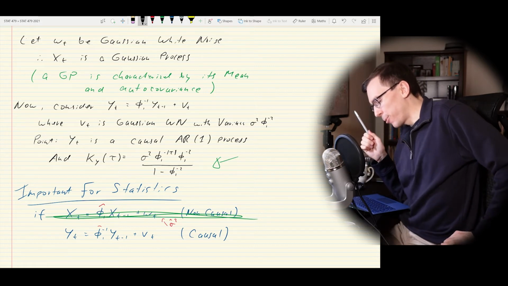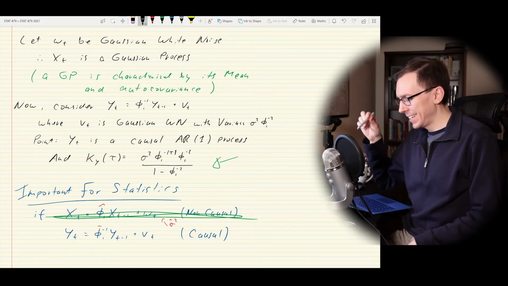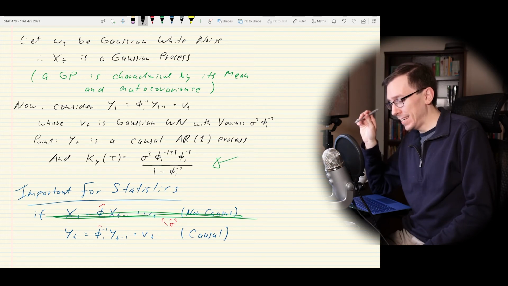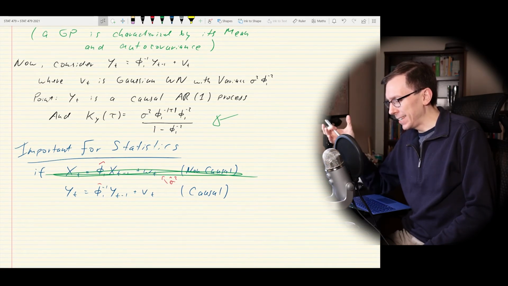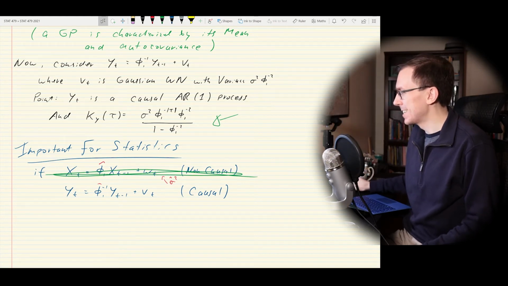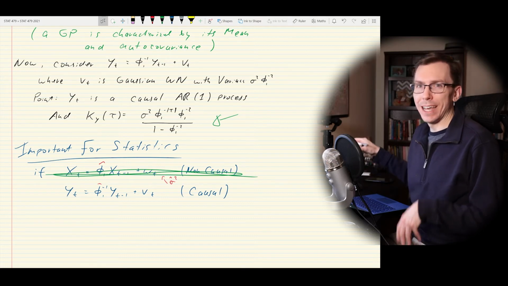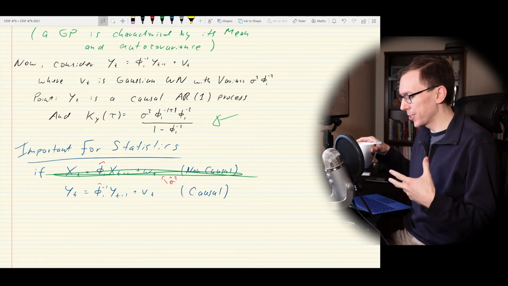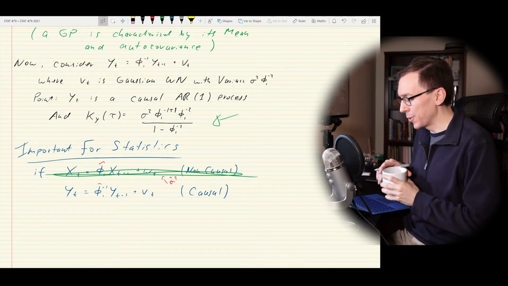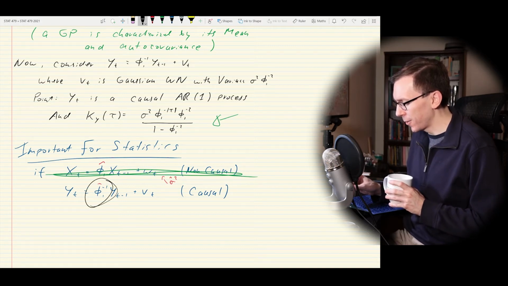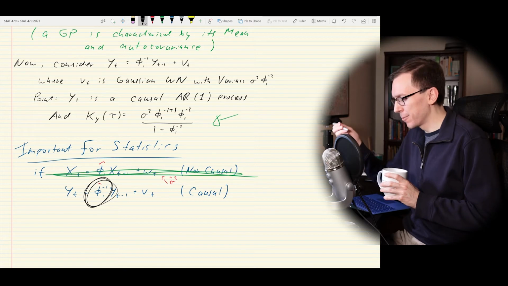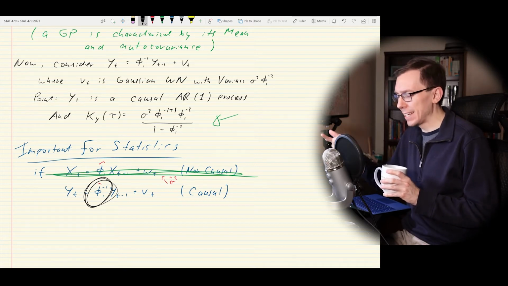But that's just an important little note to take into account, because it is kind of a strange occurrence here, but something that is certainly important when doing statistics. You want to make sure you know what you're estimating. So if we had data from this process, we'd be estimating this coefficient here, that is phi 1 inverse and not phi 1.